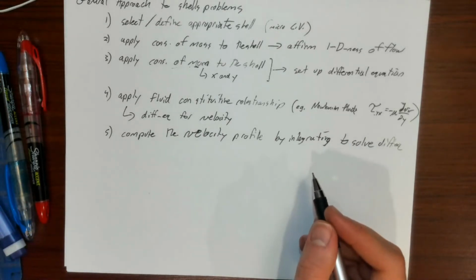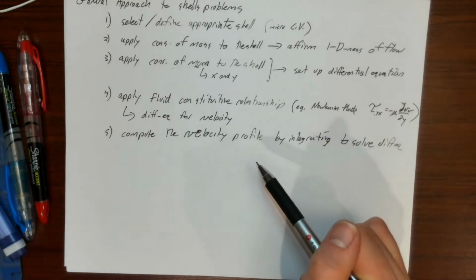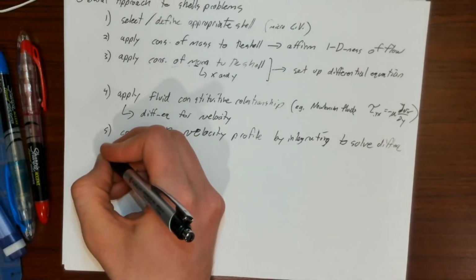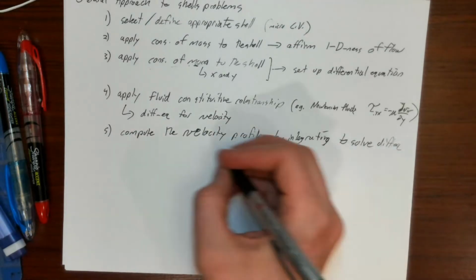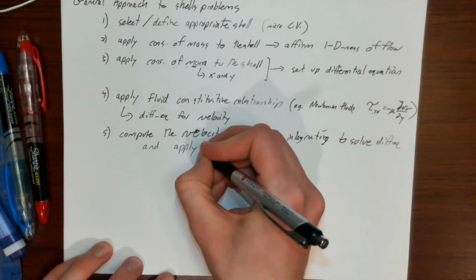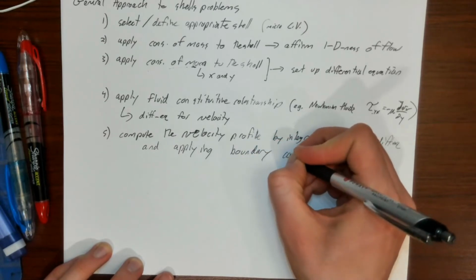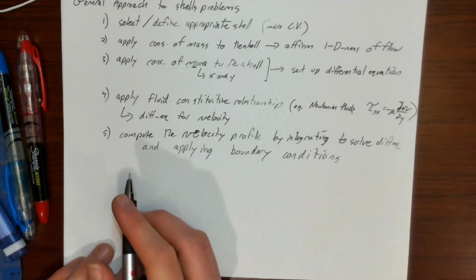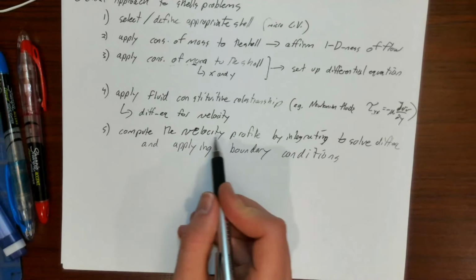And it turns out that the way you resolve the extra unknowns that you get when you integrate is you apply boundary conditions. So we need to compute the velocity profiles by solving the differential equation and applying boundary conditions. Then once we've done this stuff, we finally have derived our velocity profile.